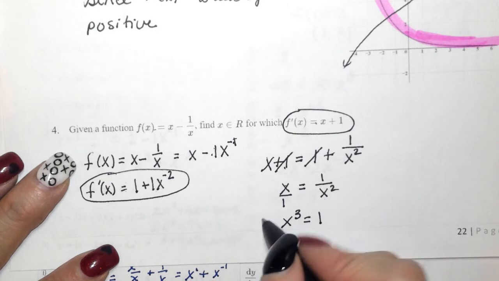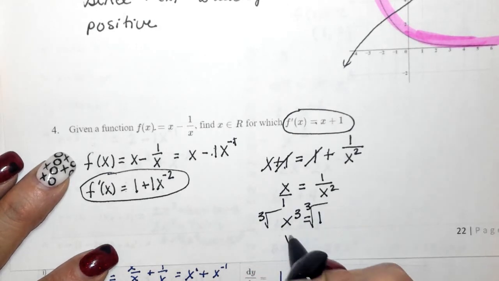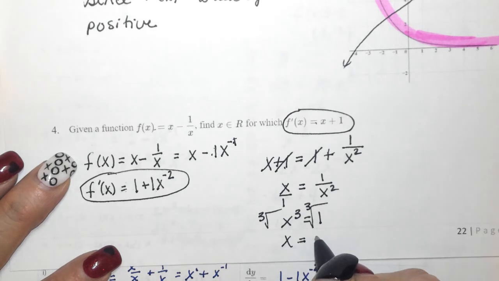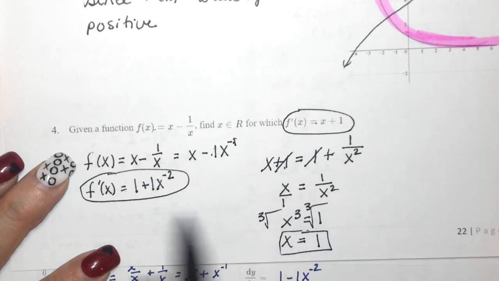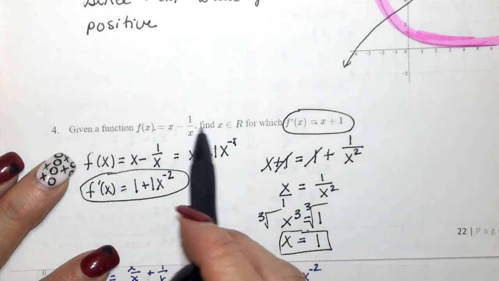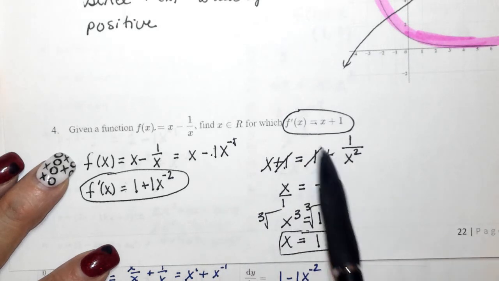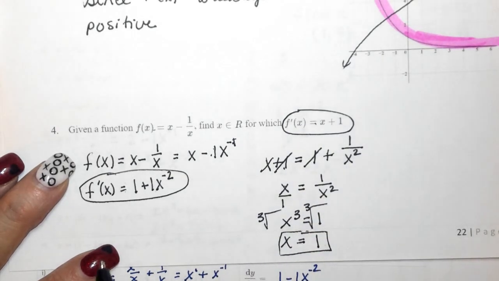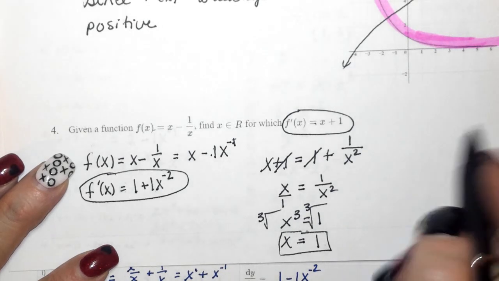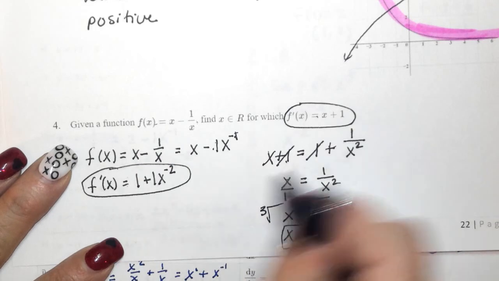I would take the cube root of each side, and that would give me x equals 1. So, given this function, find x an element of the real numbers for which f prime of x equals x plus 1. Well, I guess x would be 1. That's my answer. x would have to be 1 in order for this to work out.